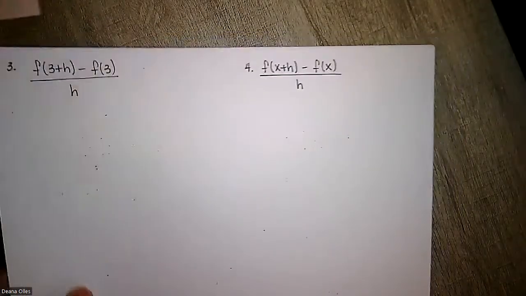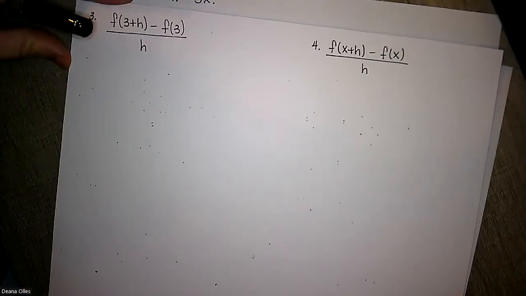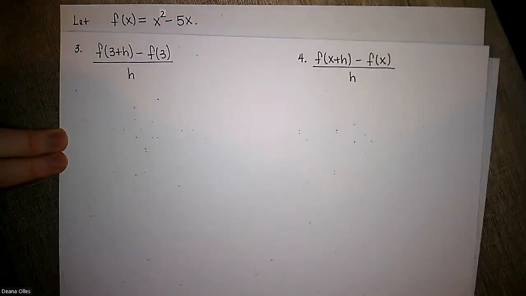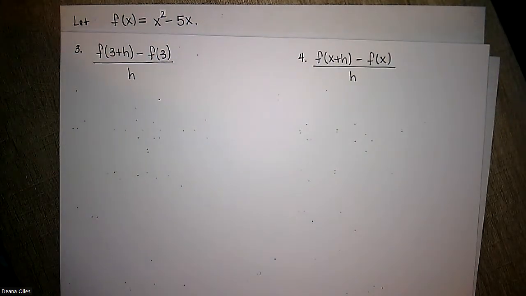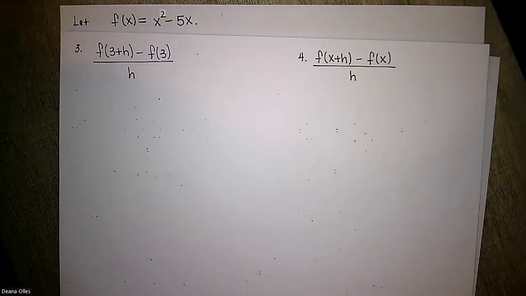I'm going to pop this up underneath here. Sorry, 1 second. Okay, so same function. Now I want f of 3 plus h minus f of 3 over h. So now I'm looking at this difference quotient form. Okay.